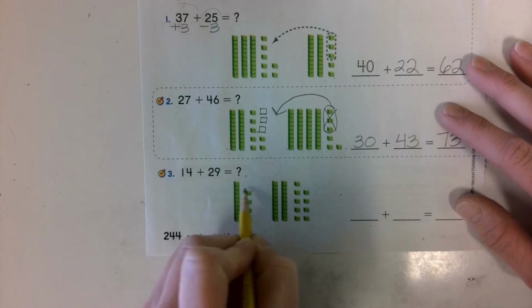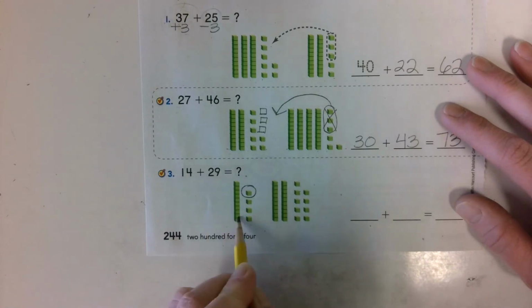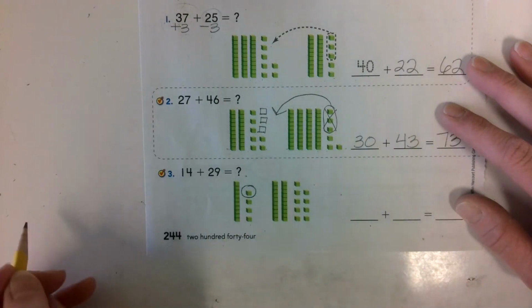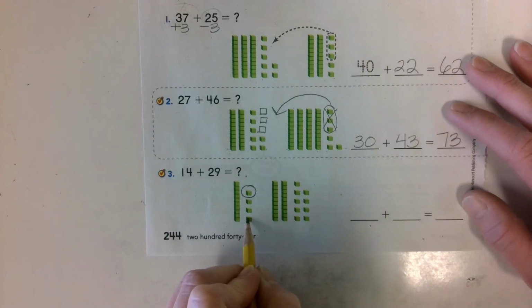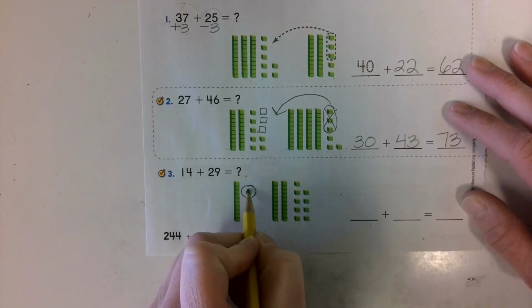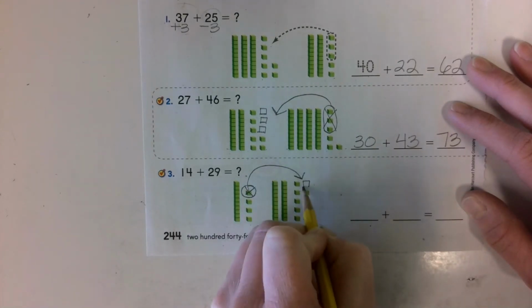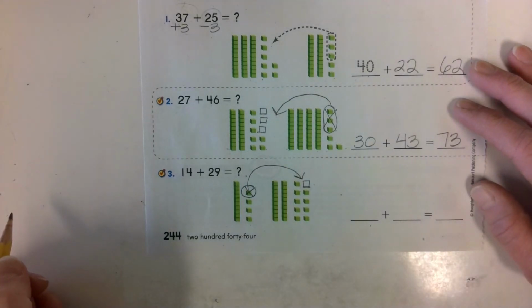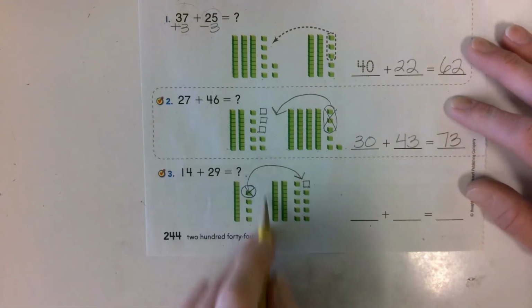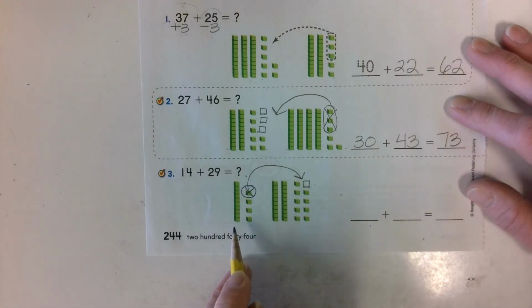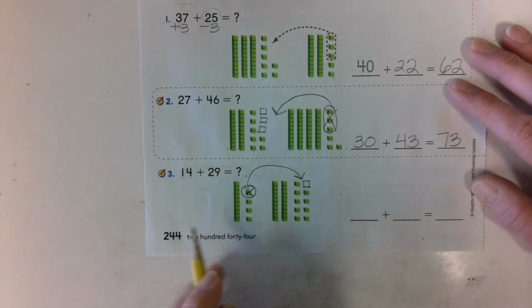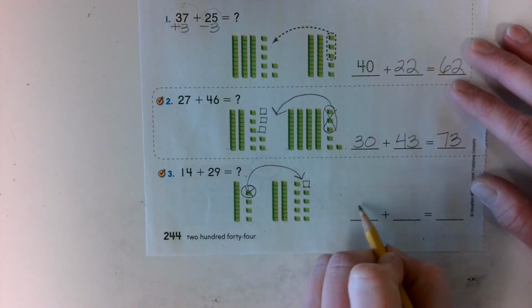So we're going to take 1 from 14. Here's 14 and here's 29. We're going to take 1 from 14 and we're going to cross it out and move it over here. Okay. So now 14 isn't 14 anymore. What is it? 13.